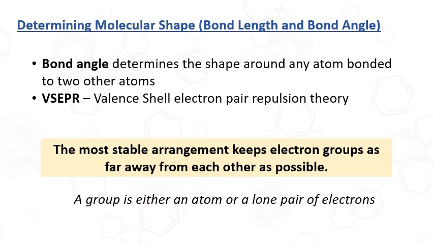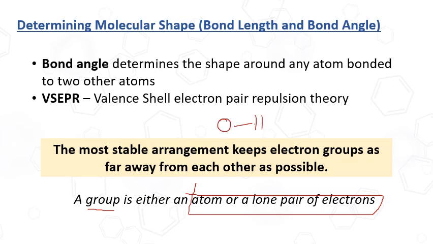Here, when we say group, it's either an atom or a lone pair. For example, the water molecule has two hydrogens attached to an oxygen and then two lone pairs on the oxygen.